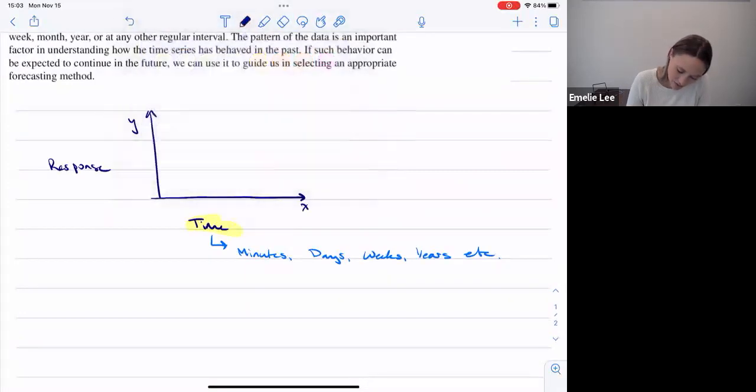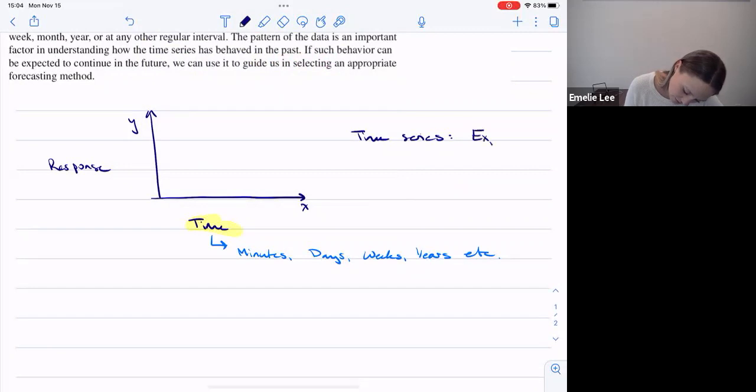So a time series, just in general, is a relationship between the response variable and the x variable. So the explanatory variable is a time measurement.